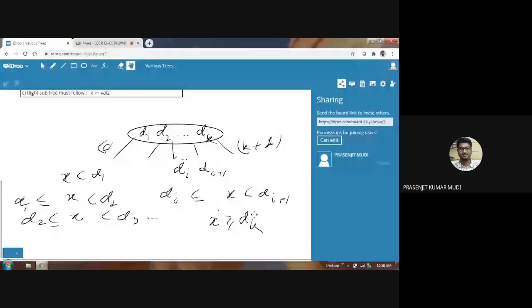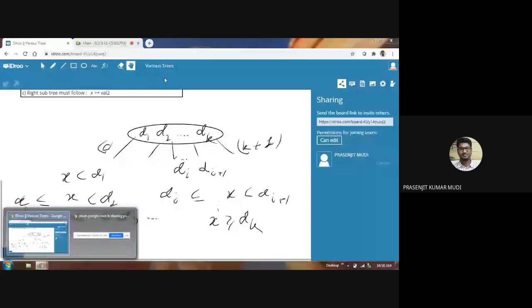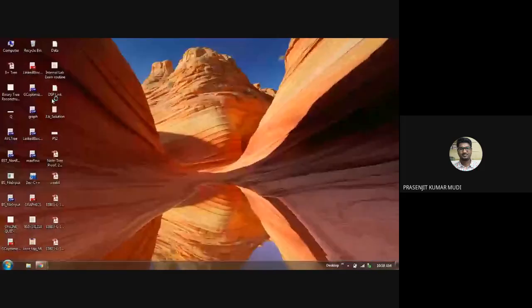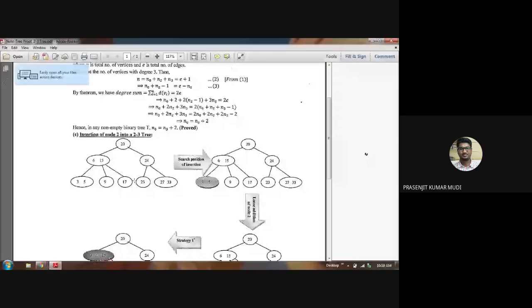In the last class we were discussing a problem on the 2-3 tree insertion method. Suppose this is a 2-3 tree already given.